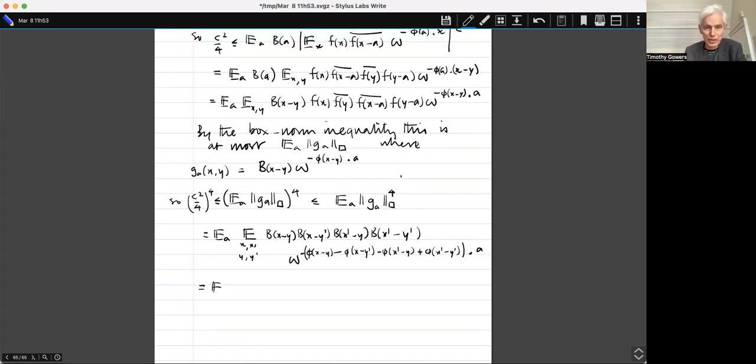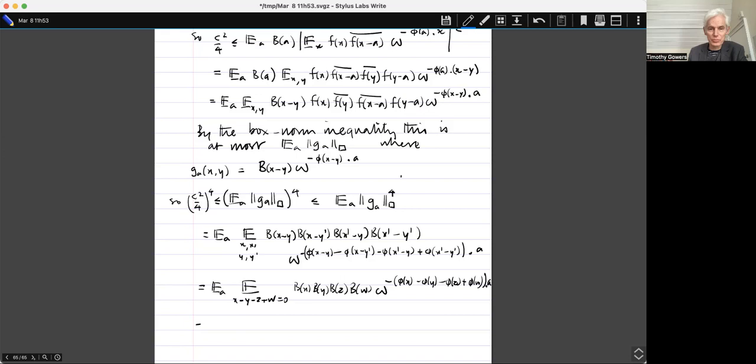So this is in fact exactly the same as the average over all A, average over x, y, z, w such that x minus y minus z plus w equals 0 of b(x), b(y), b(z), b(w), just to make the order the same as we have up here, omega to the minus phi(x) minus phi(y) minus phi(z) plus phi(w) dot A. And now when I take the average over A, if this is 0 I'll get 1, if it's not 0 I'll get 0.